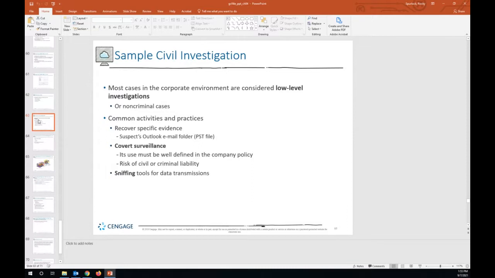Most of the cases in a corporate environment are going to be considered low level. That's corporate cases that require less effort than a major criminal case. So low-level investigations are going to be non-criminal cases. Some common activities and practices may include recovering specific evidence, such as the suspect's Outlook email folder.